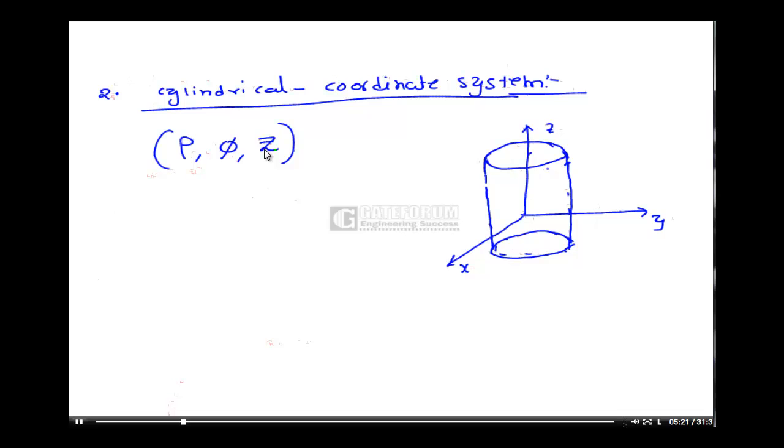So a cylindrical coordinate system looks like this. Any point in a cylindrical coordinate system is represented like this. Suppose this x, y, z I am taking as reference. So this is the cylindrical distribution.